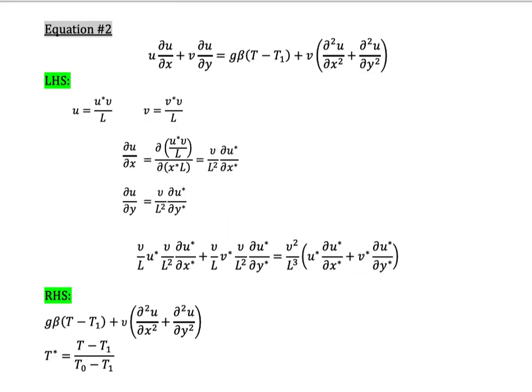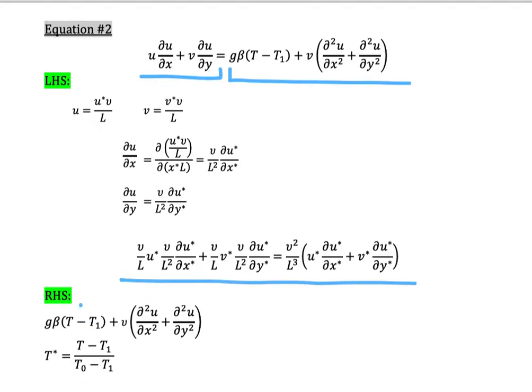And then this is equation number 2. We have 2 terms. Normally, I solve it part by part. So let's say we solve the left-hand side first. We substitute the dimensionless parameters here, so we get this one.